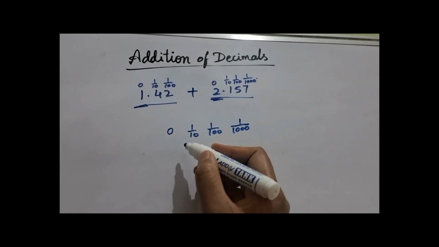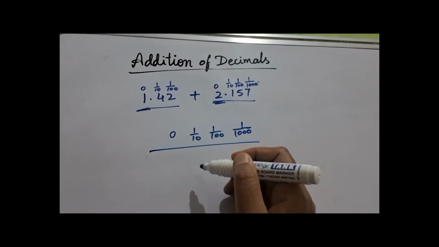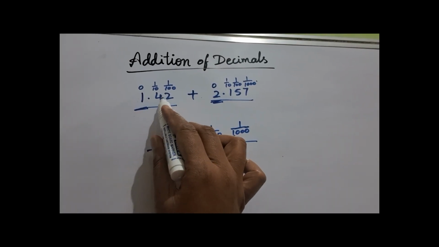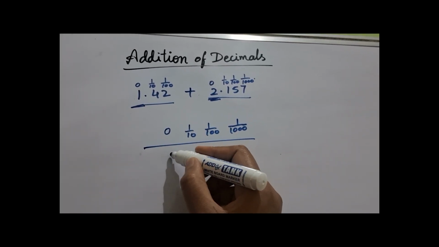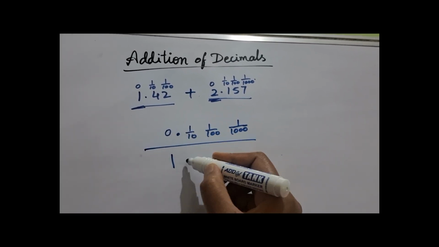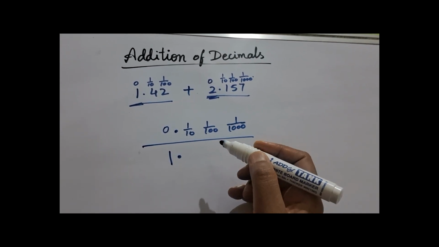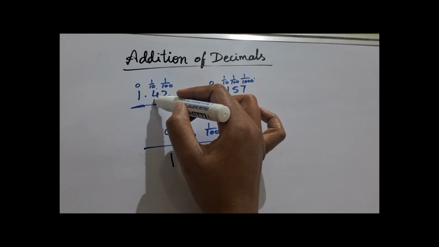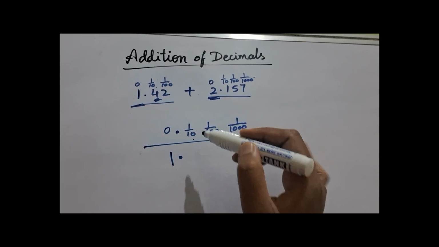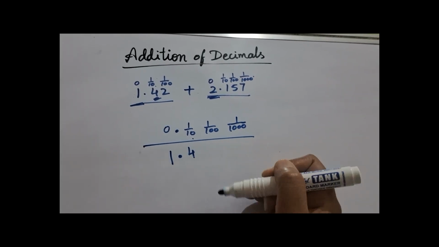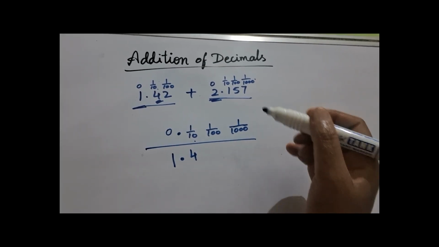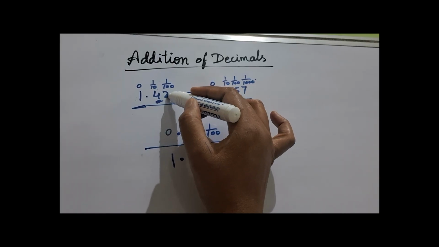Okay, so here we can observe that in 1.42, 1 is in the ones place, then the decimal point, and in the 1 by tens place 4 is there. So in the 1 by tens place the digit 4, and in the 1 by hundreds place 2 is there.